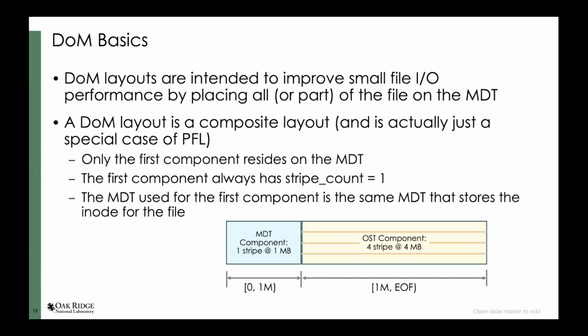And then the rest of the data can be stored on OSTs after that. This little diagram shows a file where the first megabyte resides on the MDT, and then after that you have a stripe count of 4 for the rest of the file that resides on OSTs.